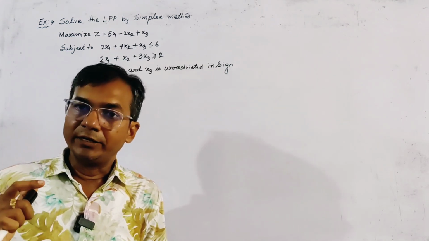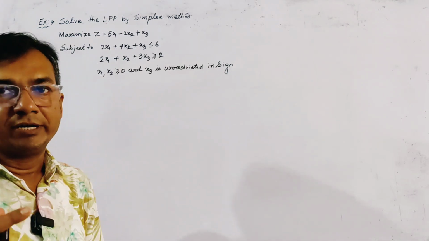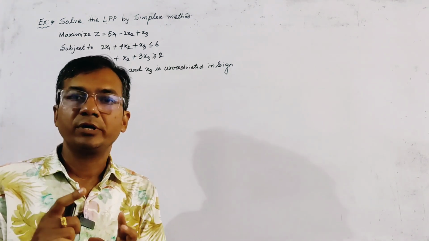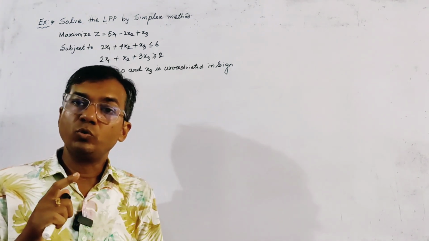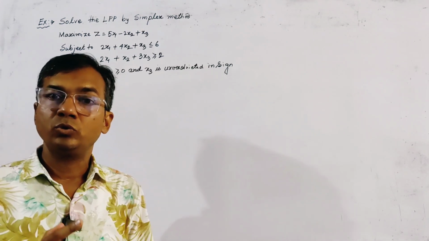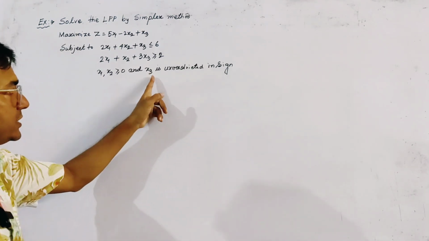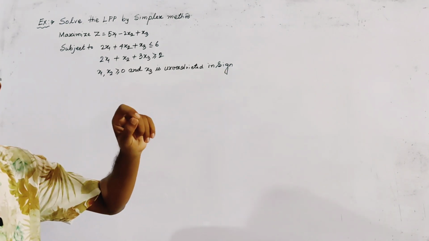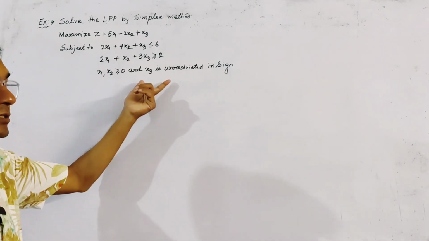To make it standard form, all the variables must be of greater than or equal to type. So we first try to change the unrestricted variable into greater than or equal to sign. And how can we do it?